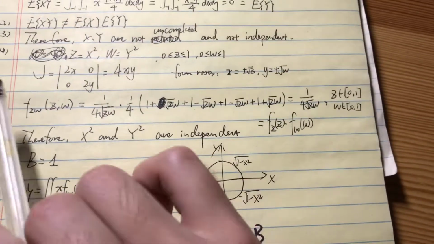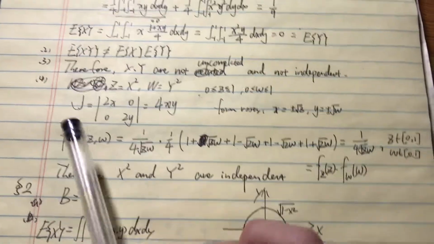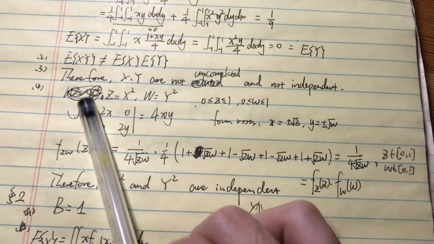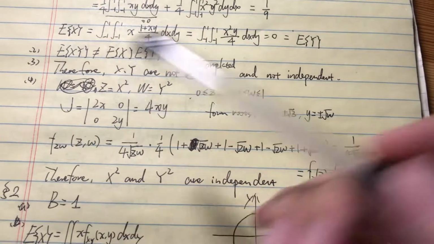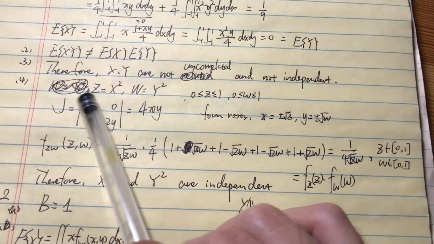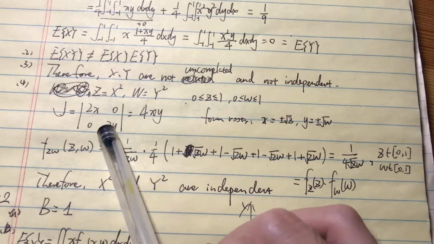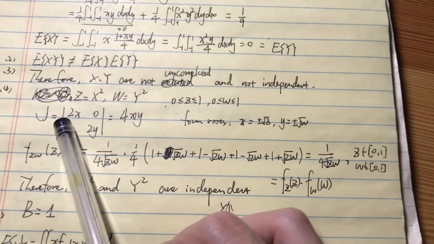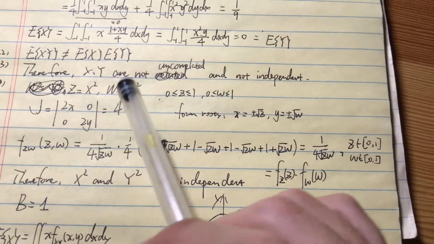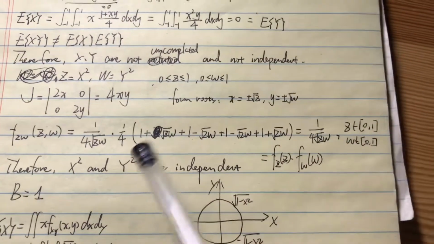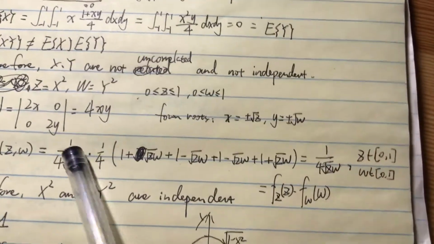So we have the capital G, which means we take the derivative of a two-dimensional matrix, and then we do the determinant, and we have the final result 4xy.